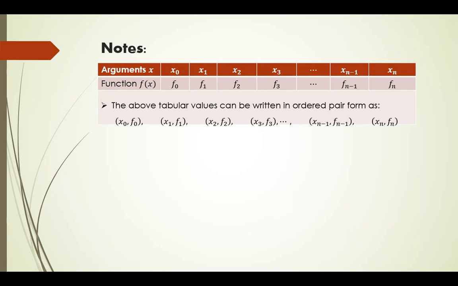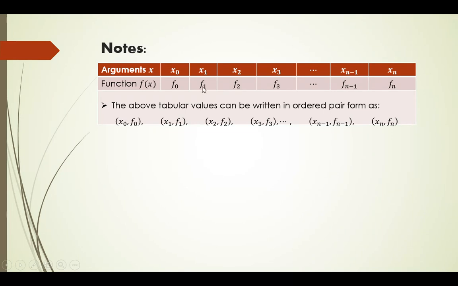The above tabular values can be written in ordered pair form as under. How could we write these tabular values? You see, this is x naught, so the corresponding value is f naught. So one ordered pair is formed, which is x naught, f naught.